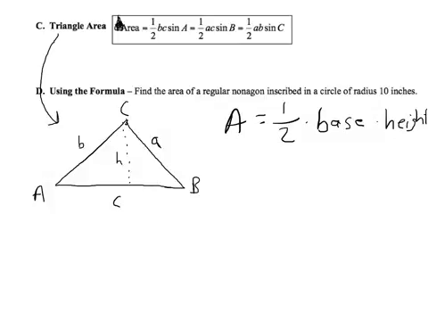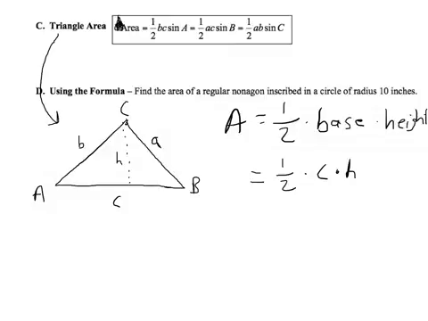And so based on the picture that I drew you right there, we'd say that area equals 1/2 times C times H. C is like our base in this picture. And I'm going to try and prove that we can get this part of our area formula. So we're going to set this up a lot like our proof for the law of sines.